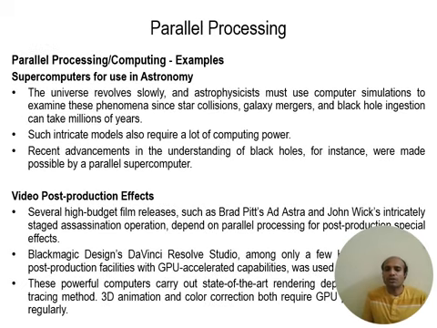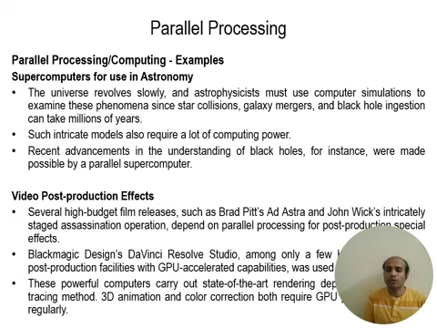So parallel processing or computing. Let's see some examples of this parallel processing. First, supercomputers for use in astronomy. The universe revolves slowly and astrophysicists must use computer simulations to examine these phenomena, since star collisions, galaxy mergers, and black hole ingestion can take millions of years.